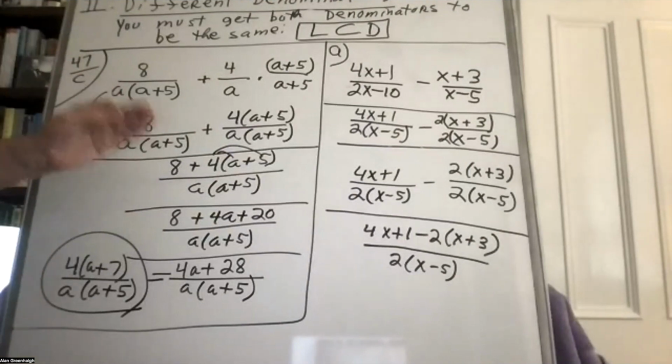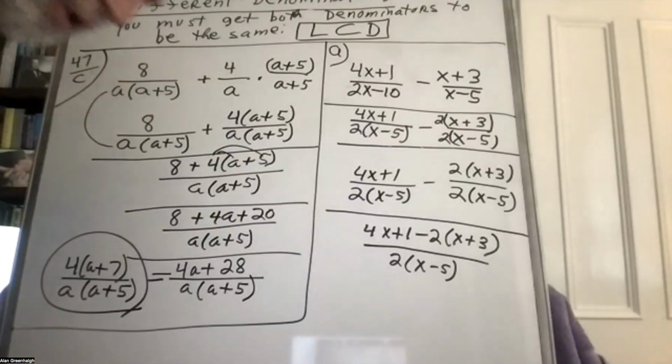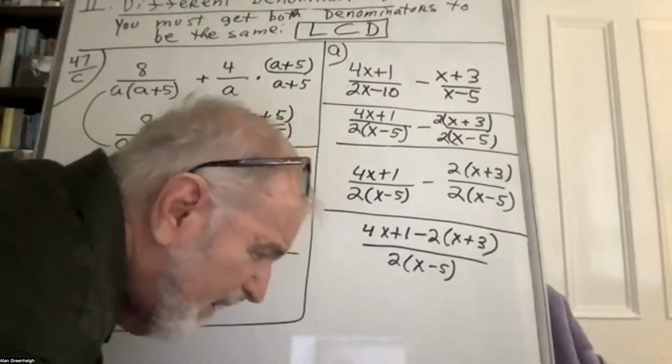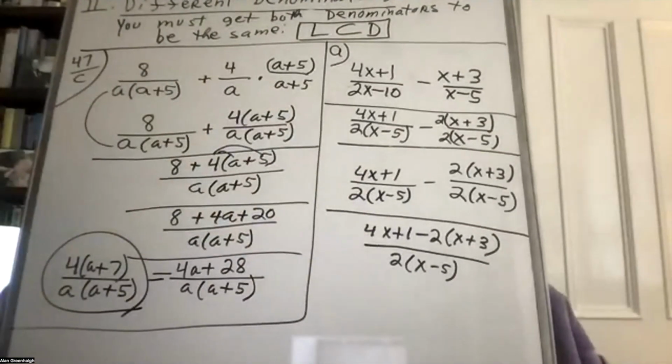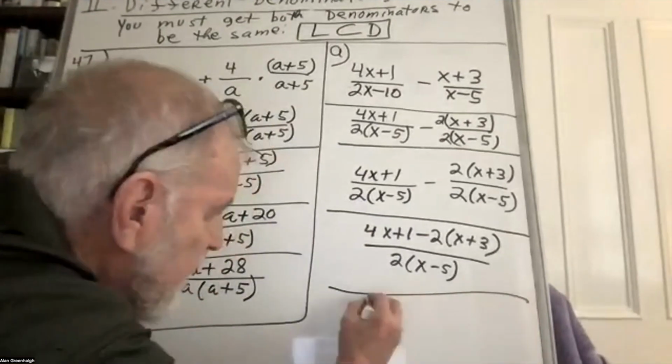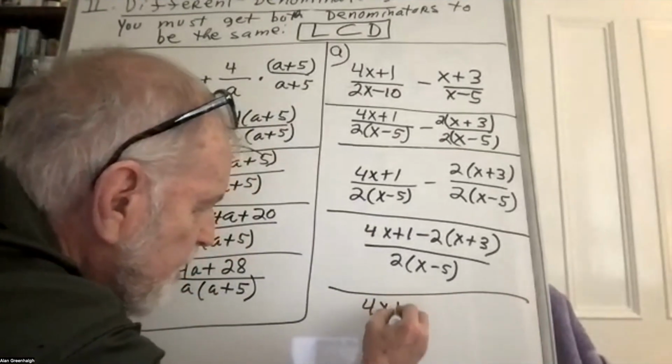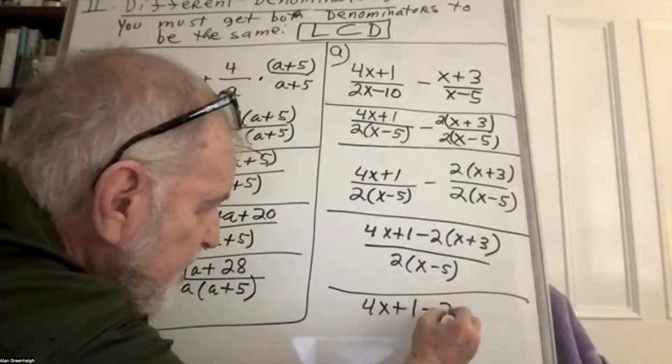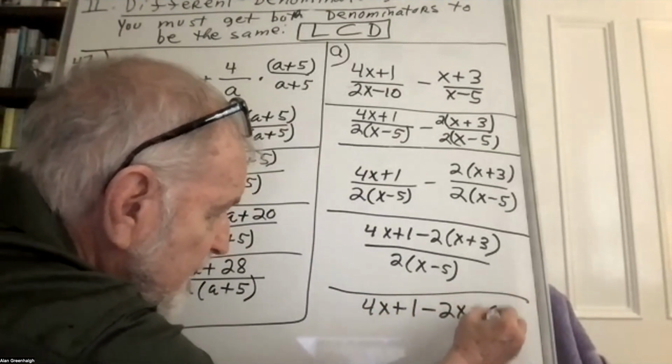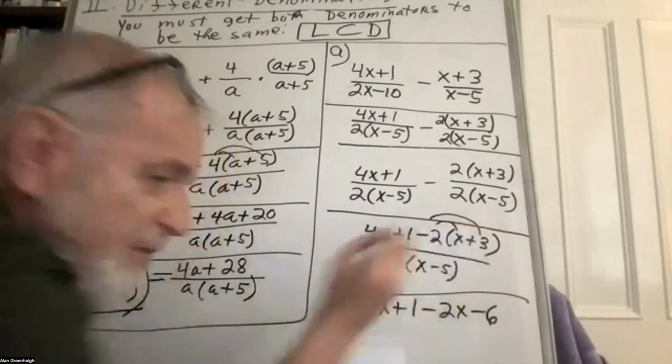The minus signs are the things you really have to watch out for. So let's see now what we get. We wind up with 4x plus 1 minus 2x minus 6. I'm using the distributive property.